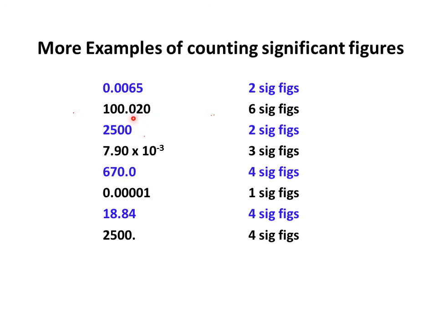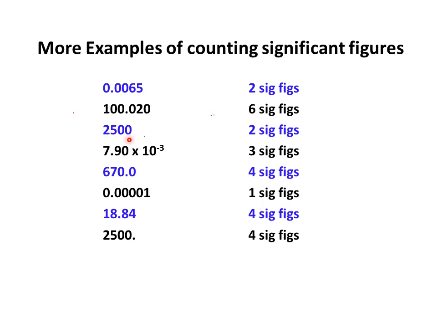Okay. So these zeros are captive zeros. They're sandwiched between two non-zero numbers. This zero is a trailing zero. It comes after the decimal point and is preceded by a non-zero number. So I would count 1, 2, 3, 4, 5, 6 sig figs here.